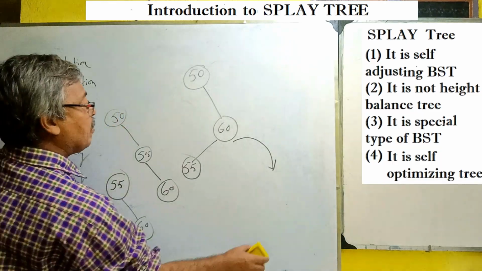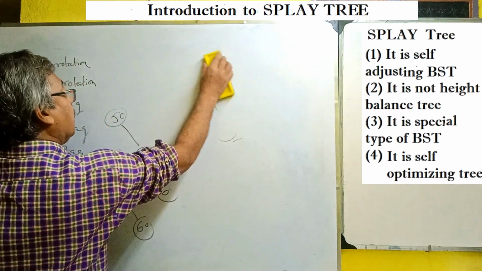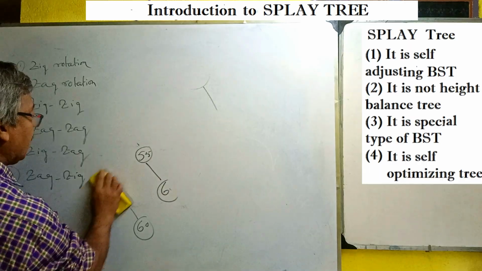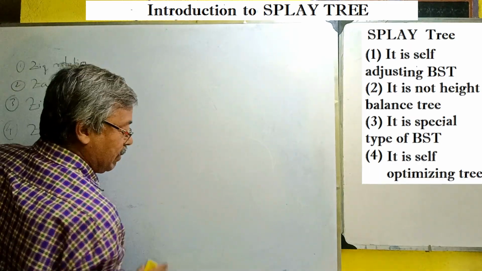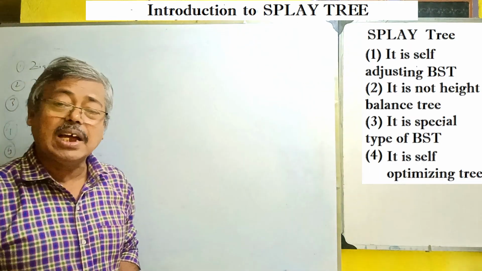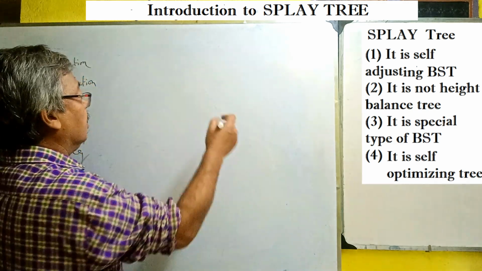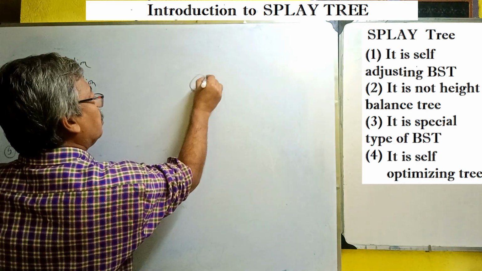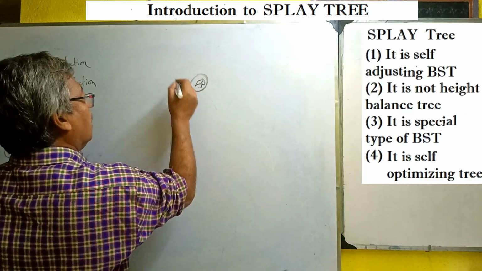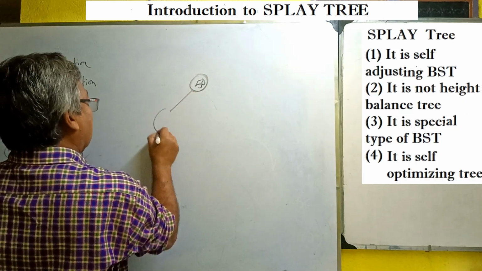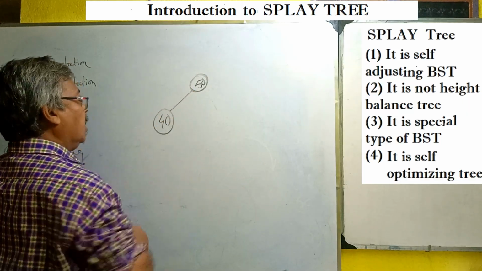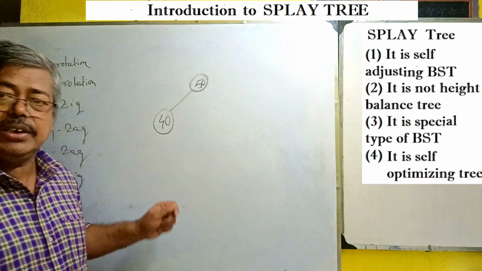After completion of the operations and rotation of the tree, we get the search node at the root position. Now see, this is the root node value, suppose 50. This is a leaf node, suppose the value is 40.